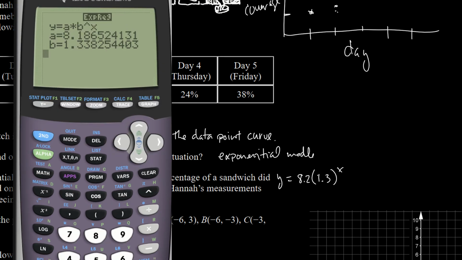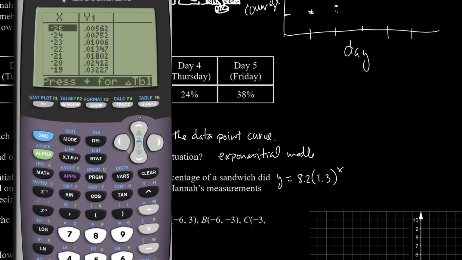Well, you know what? I've got the calculator here. I'm just going to go to my table. Oh my gosh, not negative days. Oh no, this is the model. So if I come up here, day 0 was 8.2, day 3, so about 20%, just based on the rounding, right?